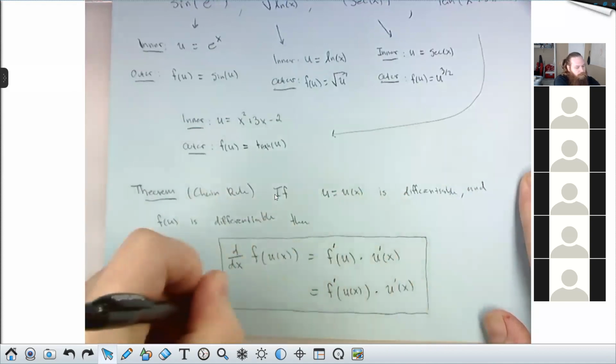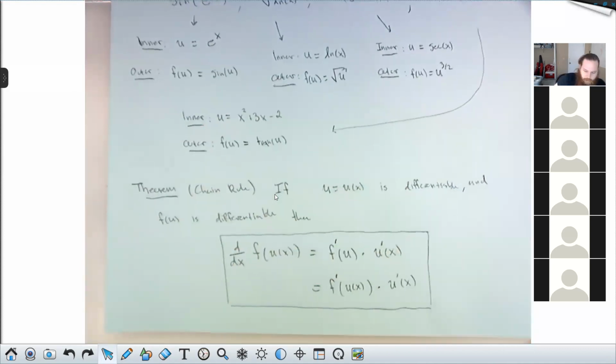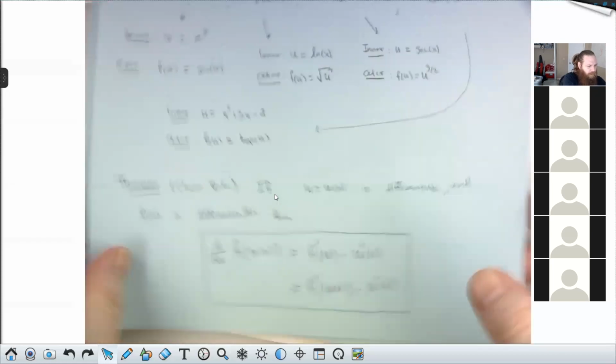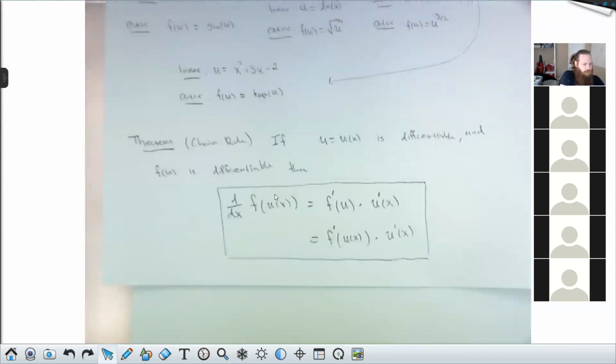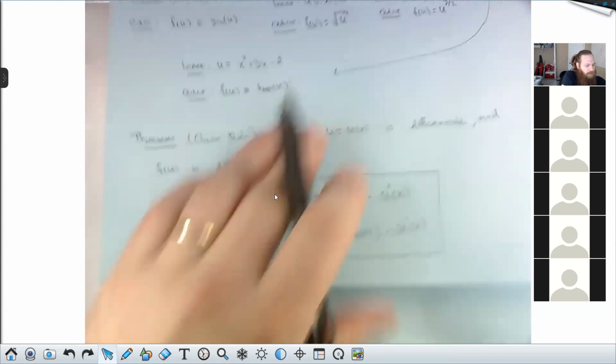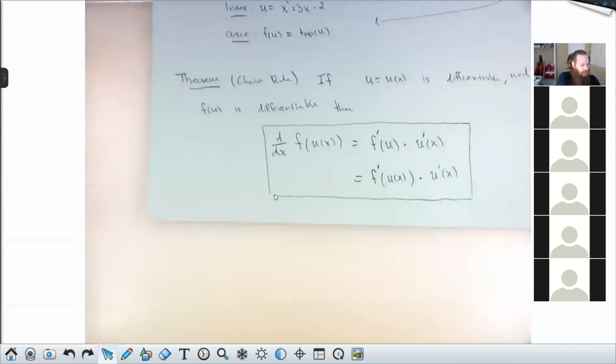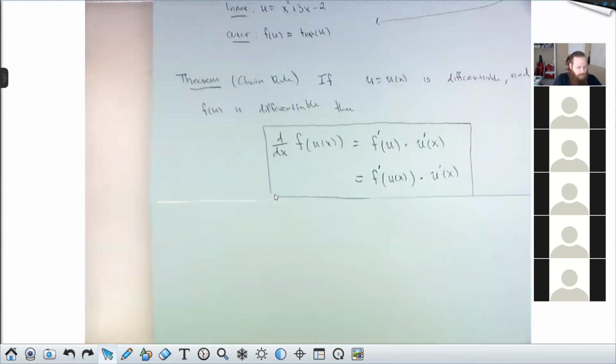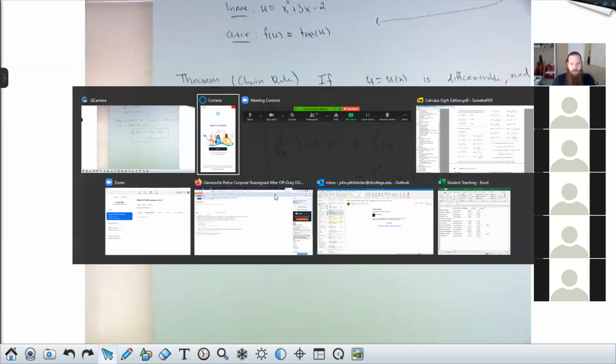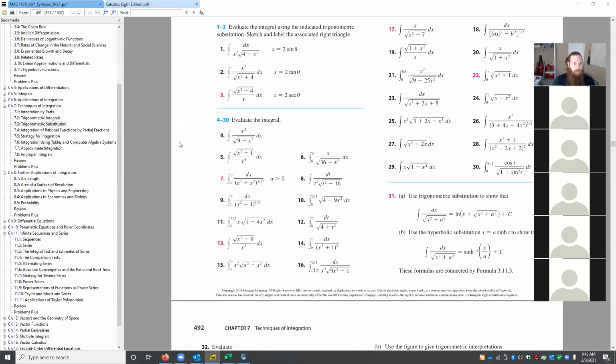It can be written in Leibniz notation, and there's a way of writing this so that the notation is nice and evocative of what is true. I want to use the same symbols that your book uses, so let me go back here real quick.